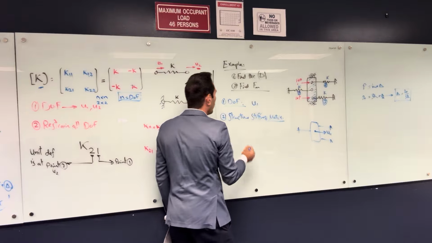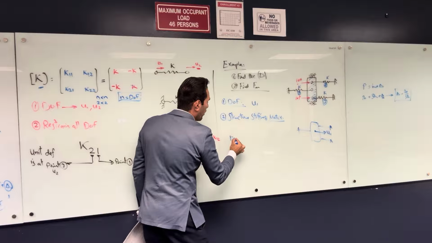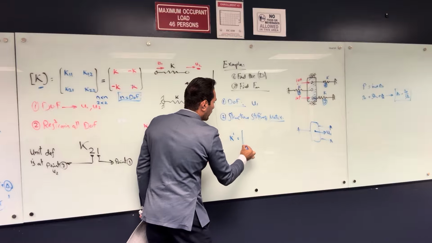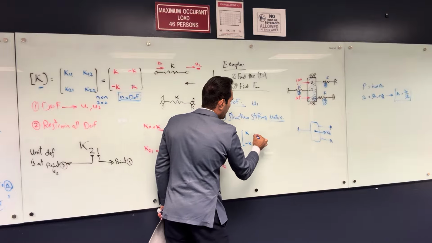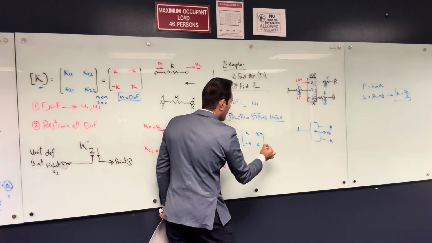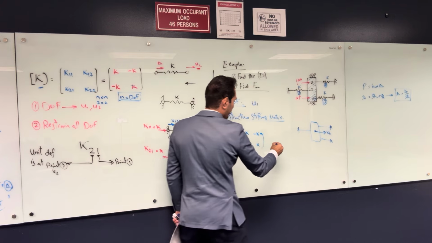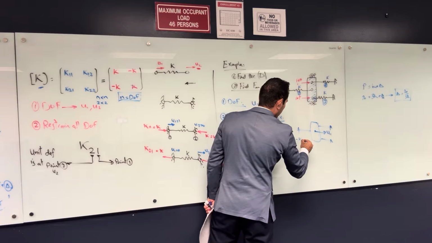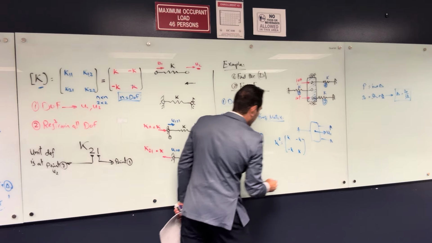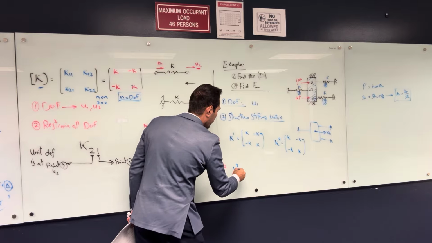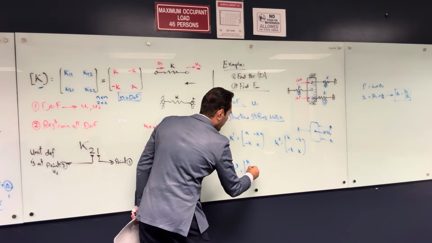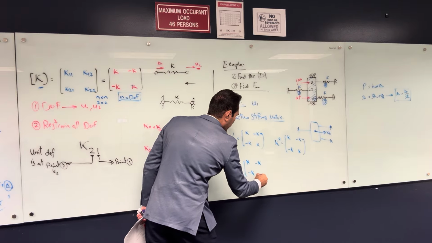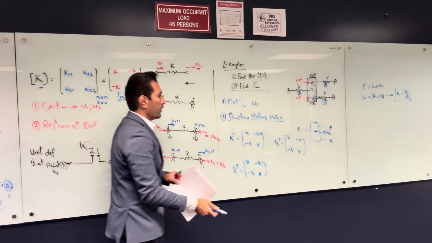Since I have all the same, the K of member number 1 is gonna be K, negative K, negative K, K. K number 2 is gonna be K, negative K, negative K, K. Member number 3: K, negative K, negative K, K. All right.